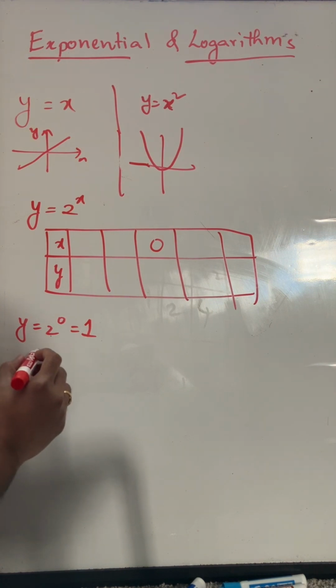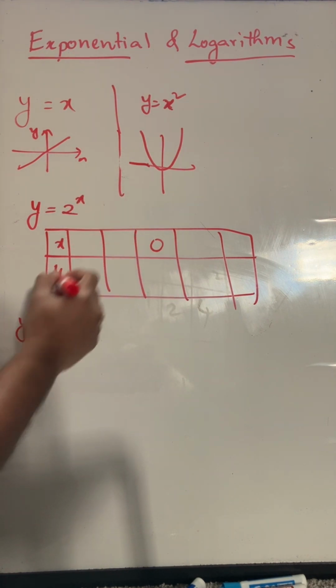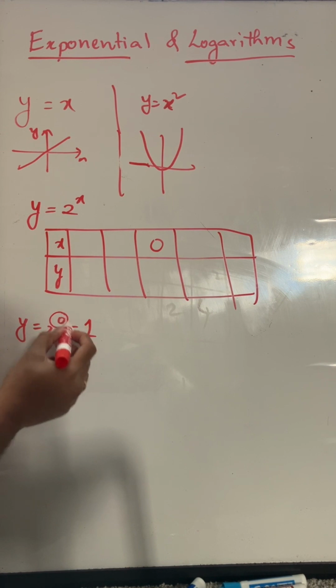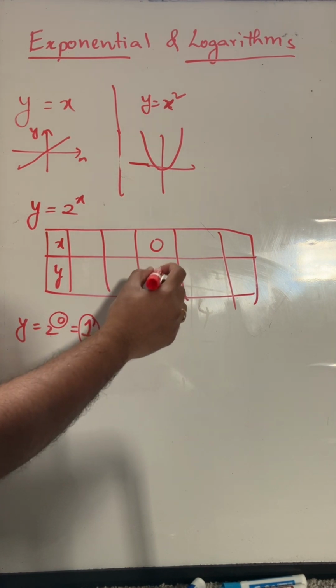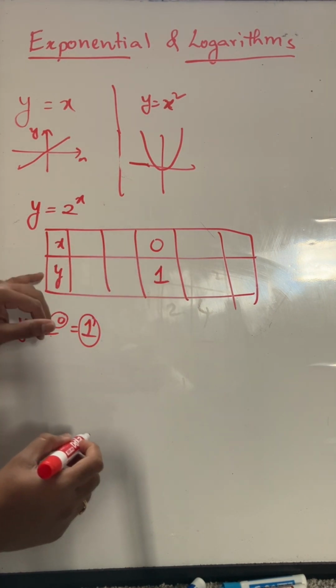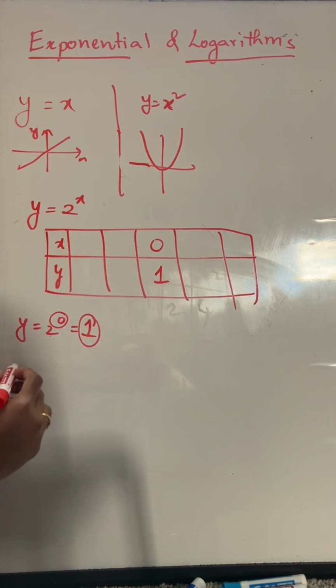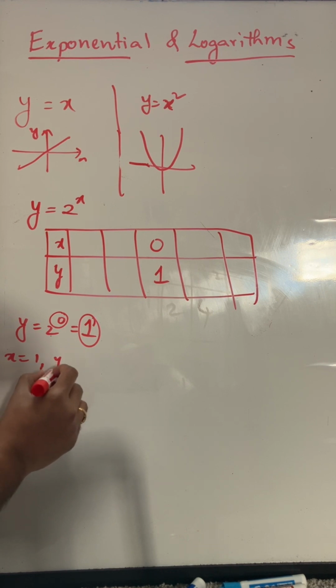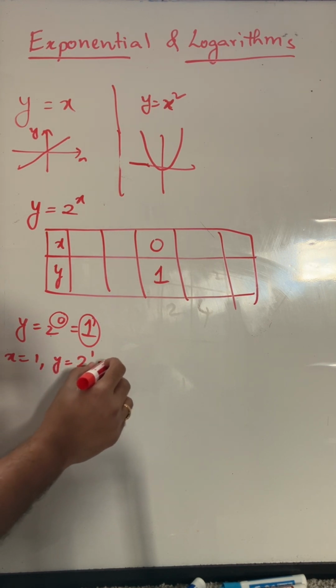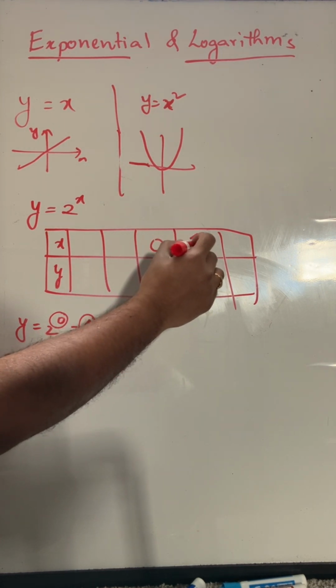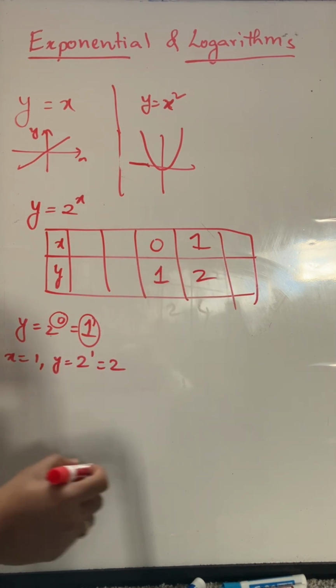Let's remember that. So when x is 0, y becomes 1. When x equal to 1, y equal to 2 power 1, that is equal to 2.